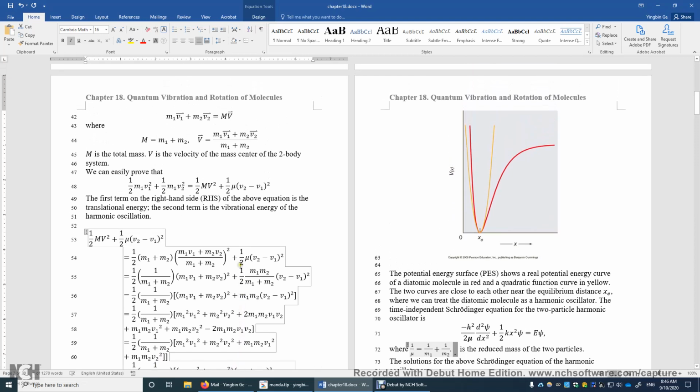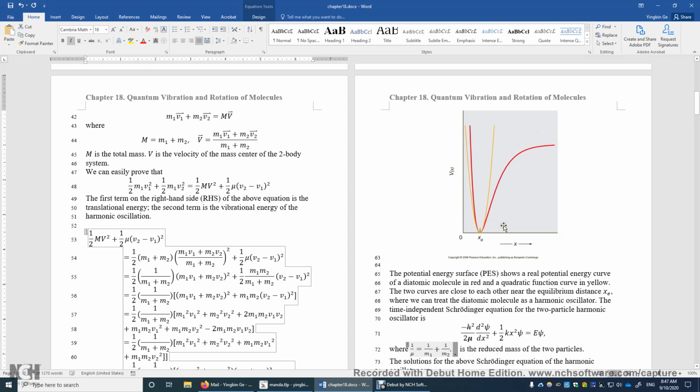We mentioned diatomic molecules, but the potential energy surface of a diatomic molecule is not exactly quadratic. So over here, you are looking at the harmonic oscillator. This yellow line is harmonic. The red line is the real diatomic molecule. They are different.